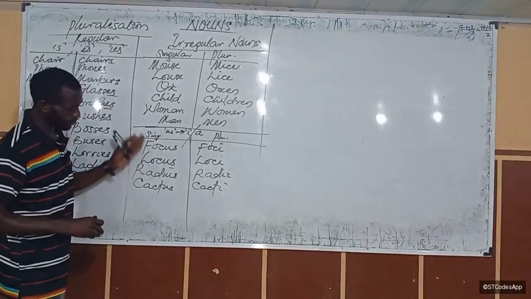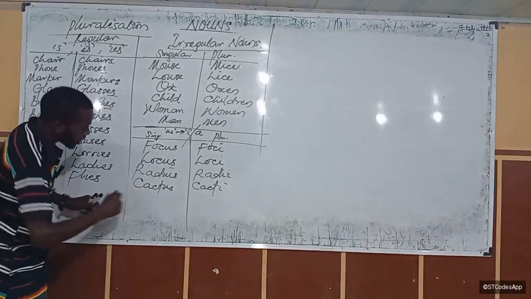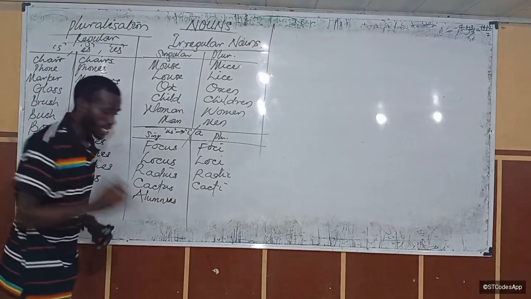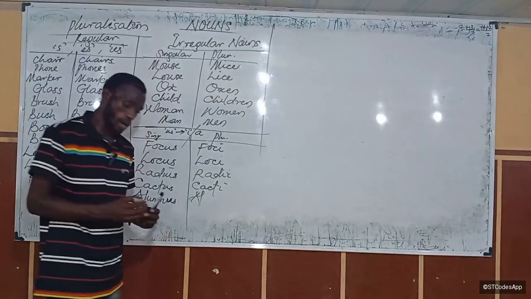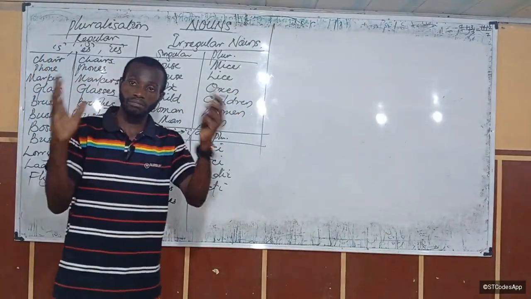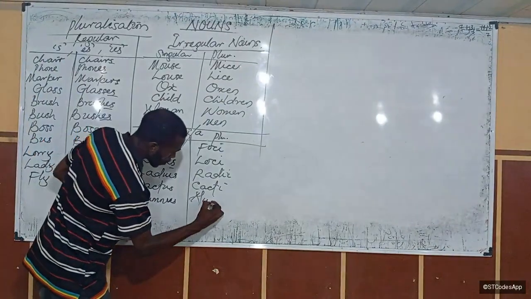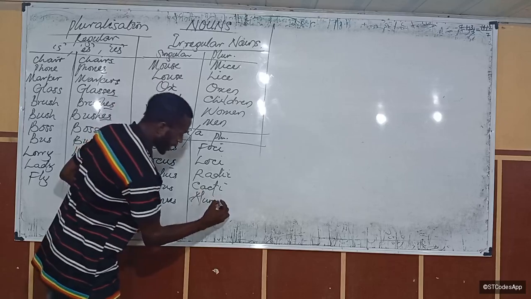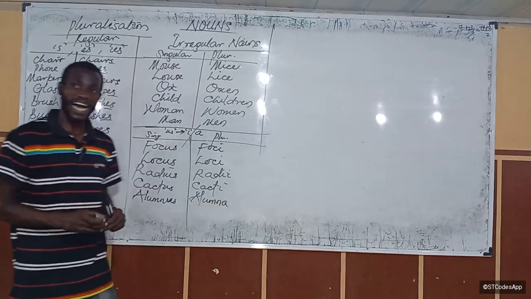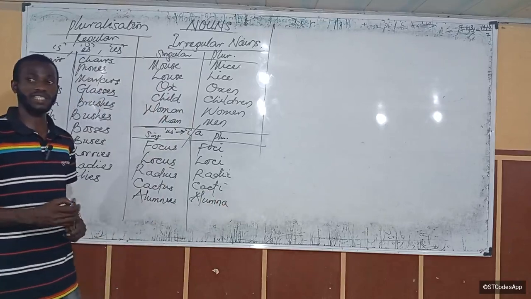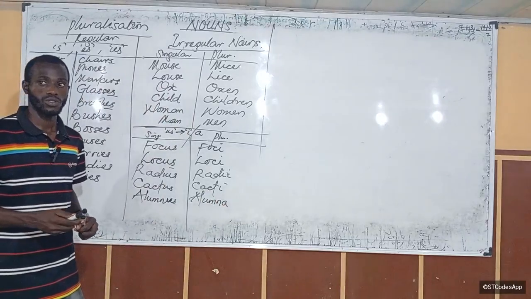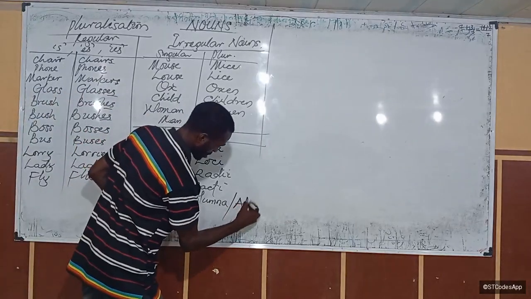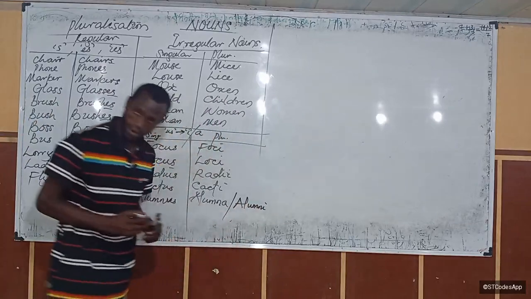The other words that follow this form, we have alumnus. This is why it changes. Now, if they are an aggregation of males, plenty males, you call it alumni.